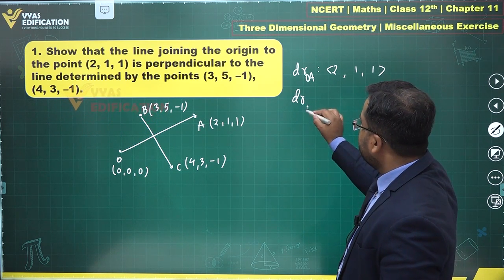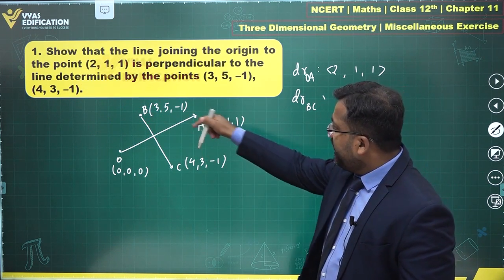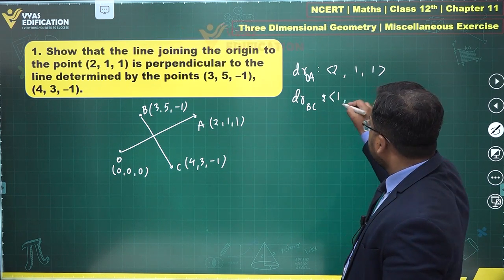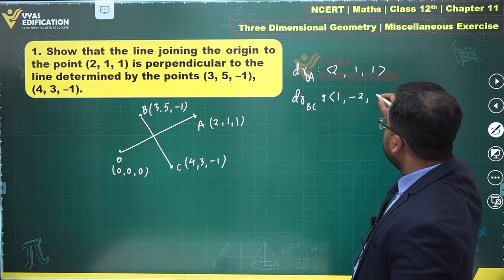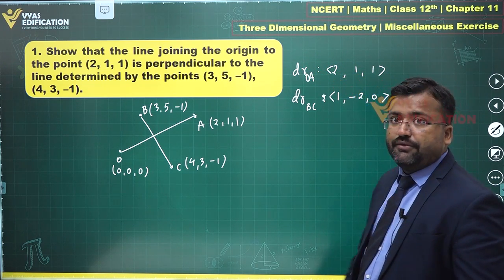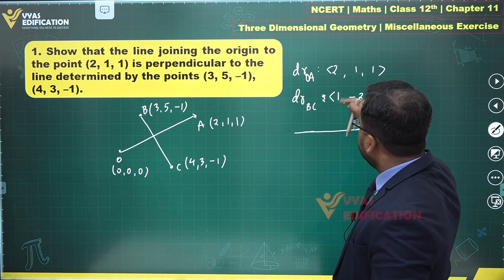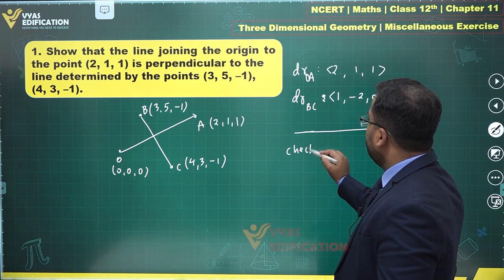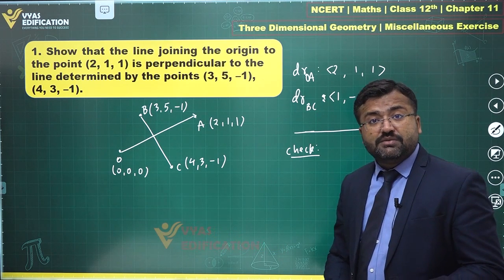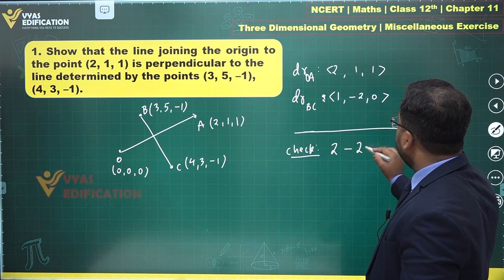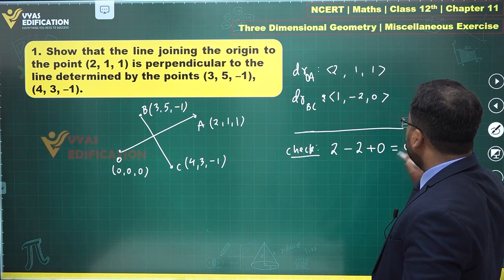What about the direction ratios of BC? It will be 4 minus 3, which is 1, 3 minus 5, which will be minus 2, minus 1 minus minus 1 becomes 0. This is what you have. Once you are aware of this, what you can do is simply check the product a1a2 + b1b2 + c1c2. That's 2 minus 2 plus 0, which is equal to 0.